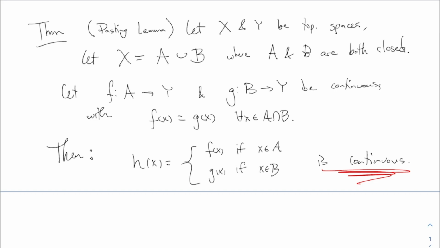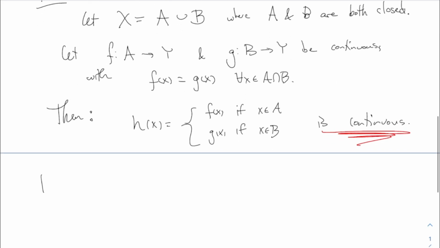So the standard proof that something is continuous always begins by saying let U be an open set. Then I'm going to show that h inverse of U is also an open set. Now, that was a little misdirection, actually. We are not going to do the proof like that.